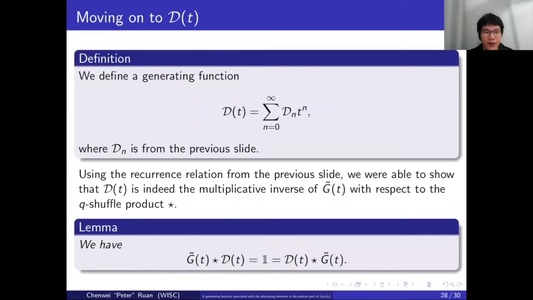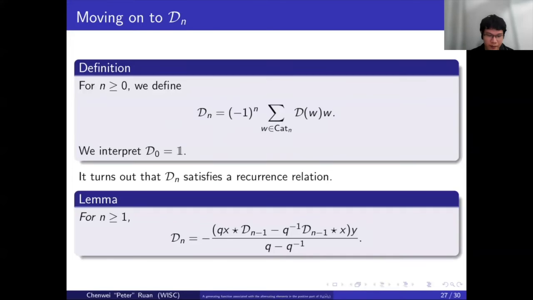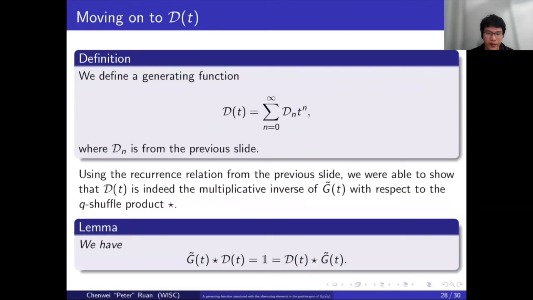So now let's move on to our generating function. We define QD of t in the same way as we define D of t. And then using this recurrence relation, we were able to show that QD of t is indeed the multiplicative inverse of tilde g of t with respect to the Q shuffle product star.